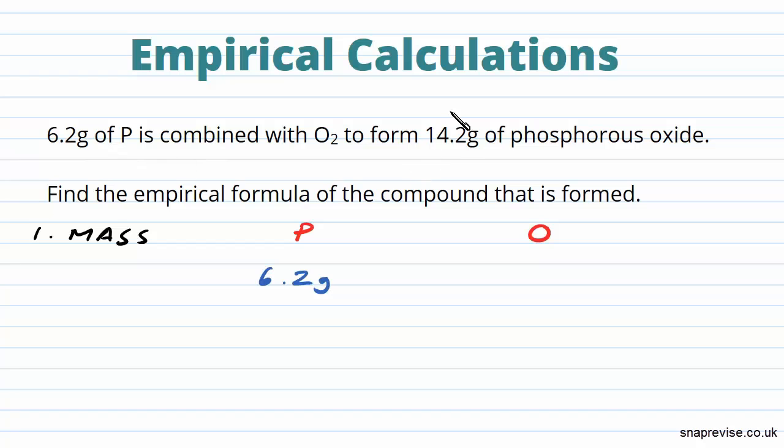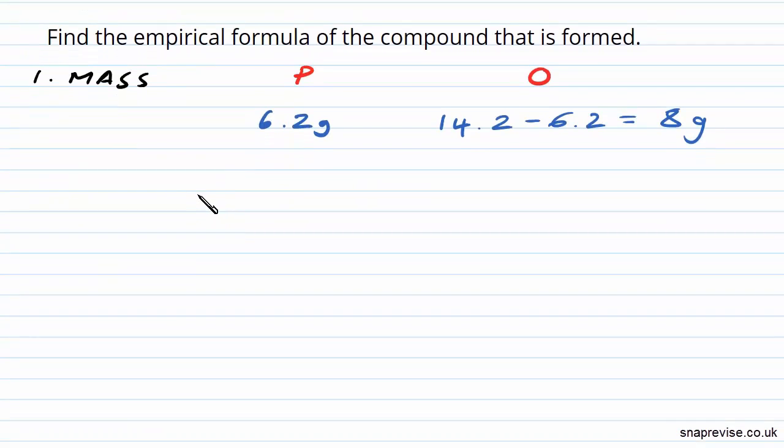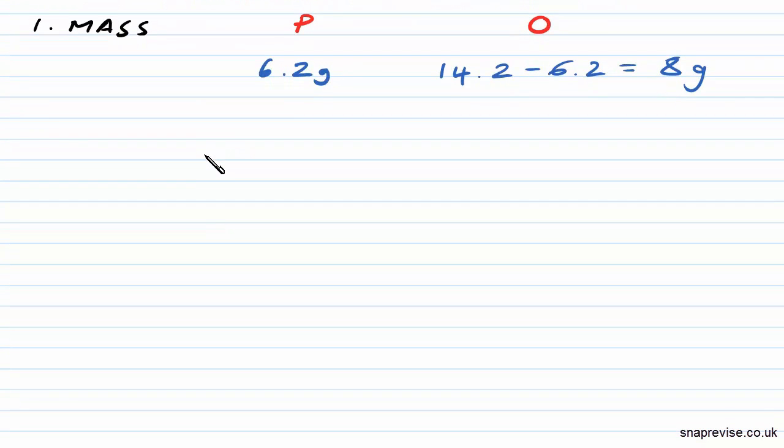Therefore, the difference between this number and this number must be made of oxygen because nothing else is being added here. So we can find the mass of oxygen by doing 14.2 minus 6.2 to give us 8 grams of oxygen.